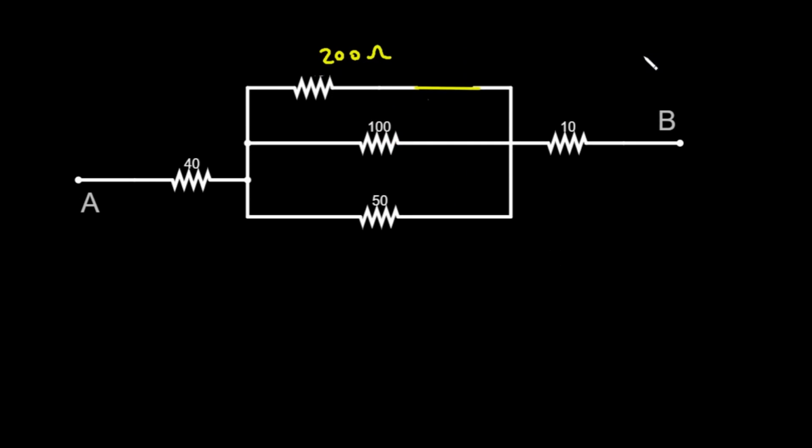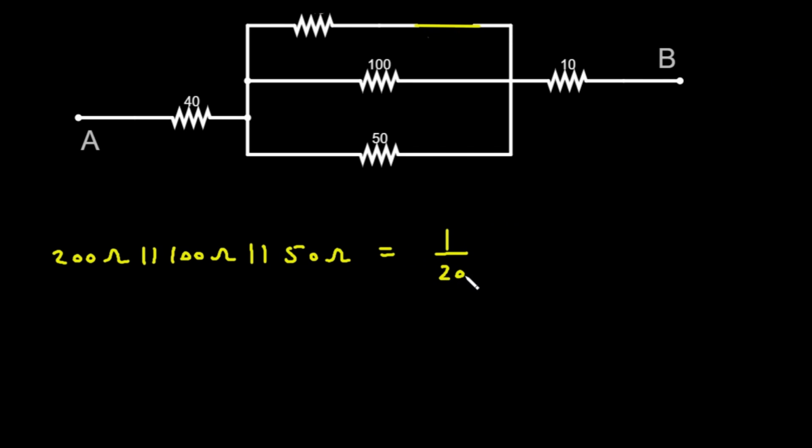Now here we can see this 200 ohm, 100 ohm and 50 ohm, these are connected in parallel. So let's solve this. It will be 200 ohm parallel with 100 ohm parallel with 50 ohm.